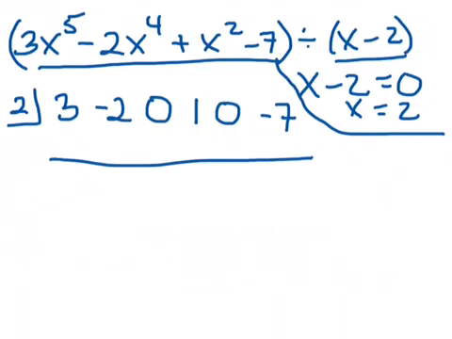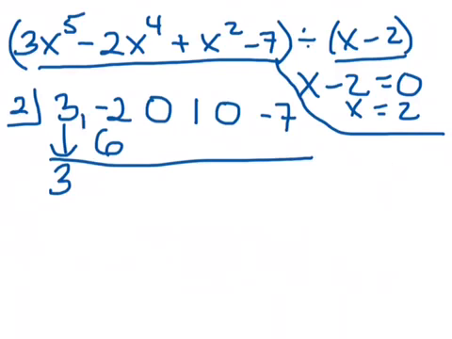Okay, the first thing that we need to do to get started is bring down our first coefficient. So I'm going to bring the 3 down underneath the line. Every number underneath the line is going to be multiplied by the number in the box. So we'll have 2 times 3 is 6, and we write 6 underneath the next entry.